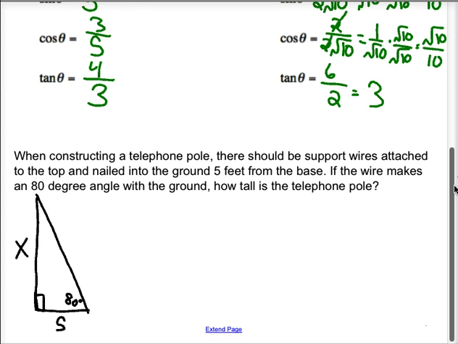We're talking about tangent. So this is the opposite side from the angle, the adjacent side from the angle. So the tangent to that angle, which this time we're given is 80 degrees, the tangent of that angle is opposite over adjacent.